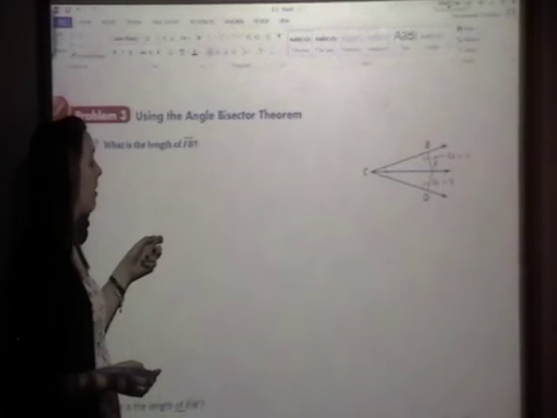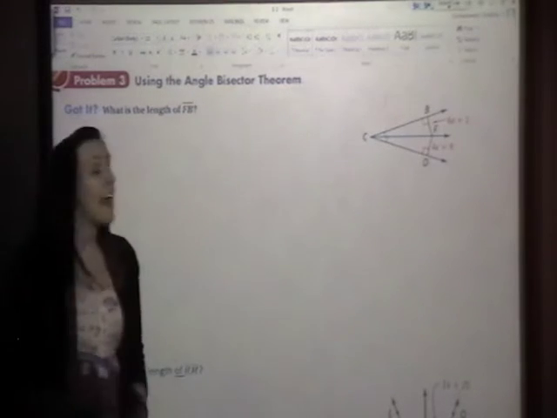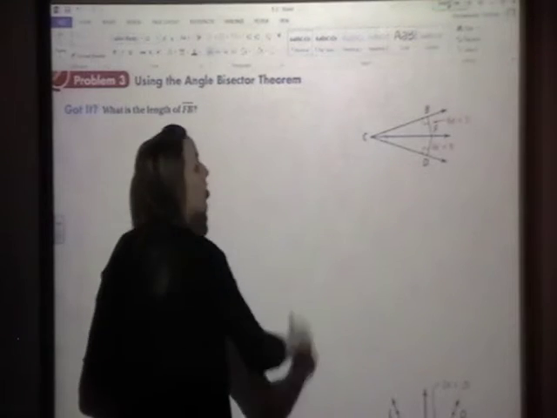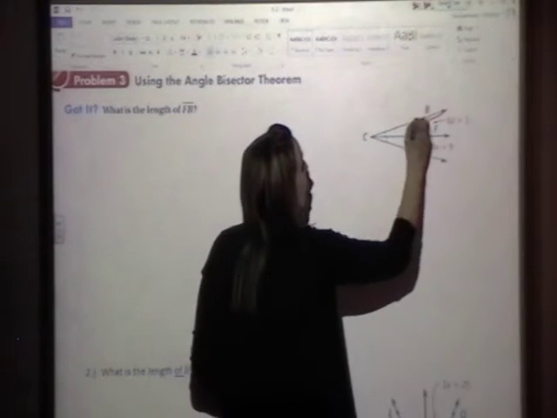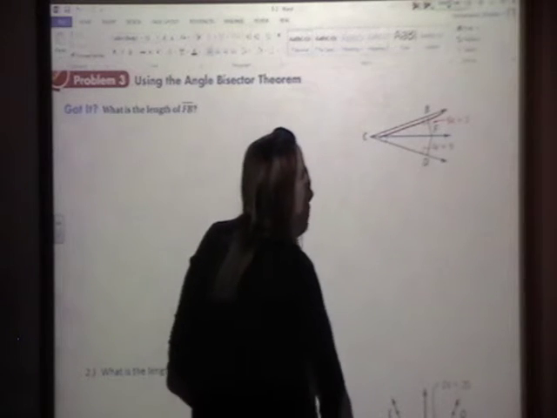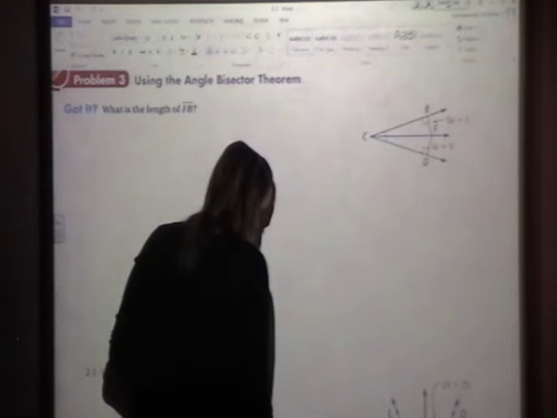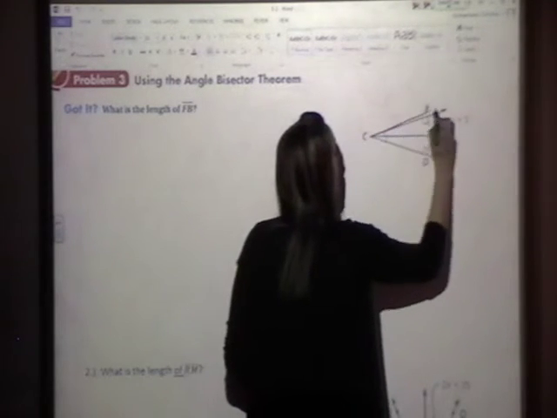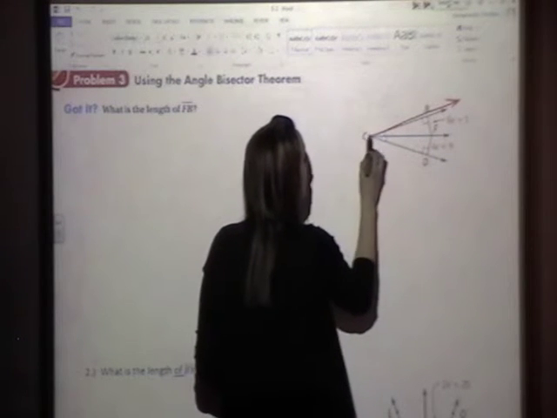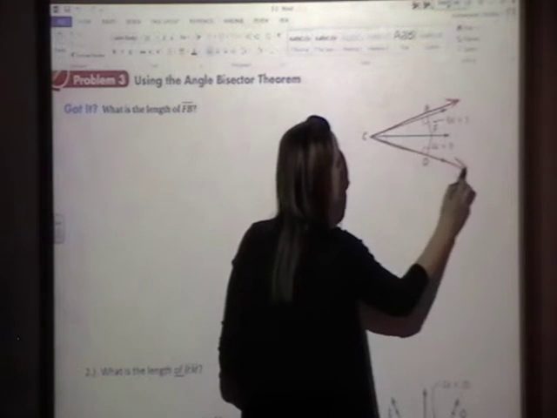We're going to be using the angle bisector theorem, and they give us a value for our angle bisector lengths. So let's talk about what we have. We have our original angle BCD.